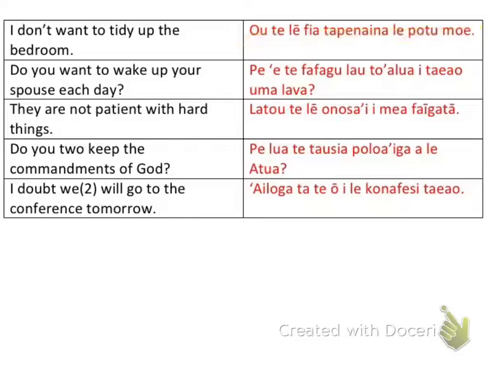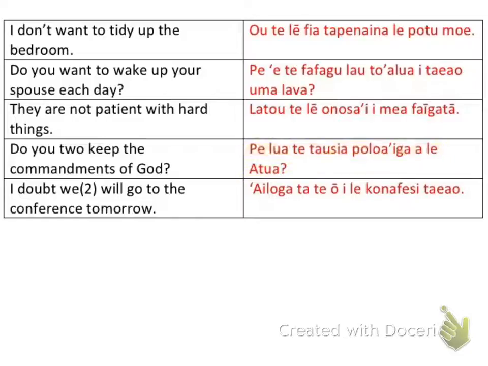And do you want to wake up your spouse each day would be pe e te whafangu lau toa lua I taiau umalava. And they are not patient with hard things: Lato te leonasai I mea whaingata. Do you two keep the commandments of God? And this would be pe lua te tausia poloainga alea tua.